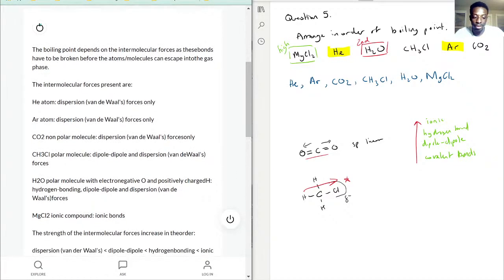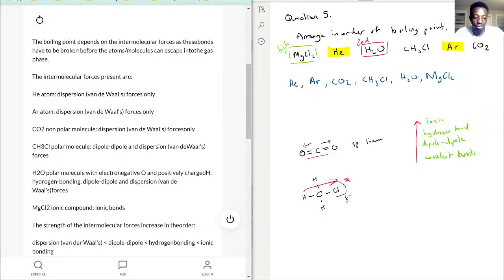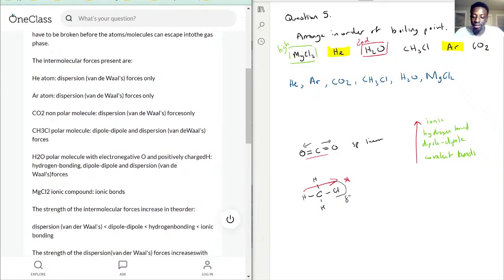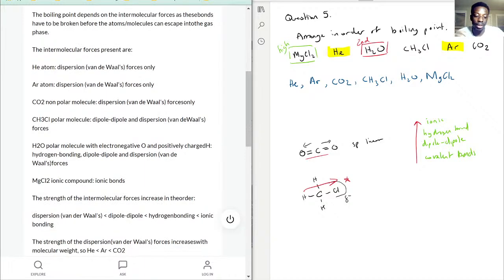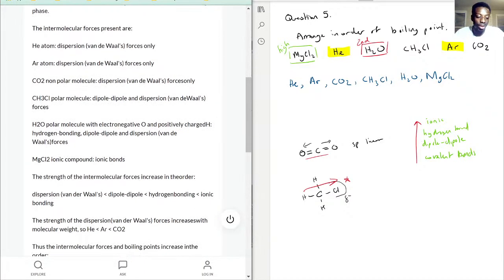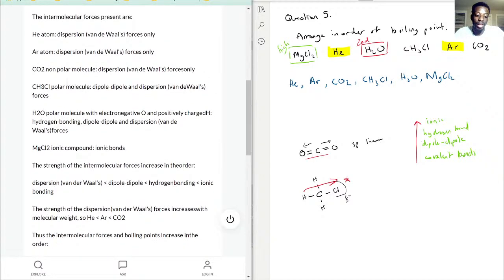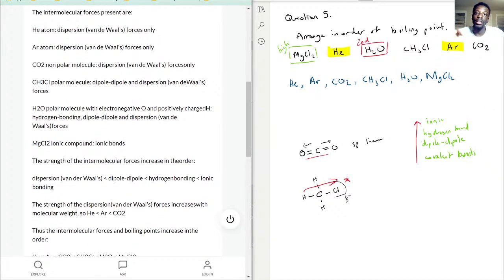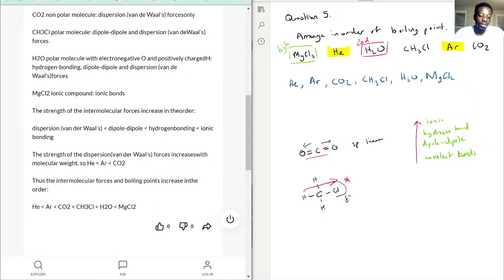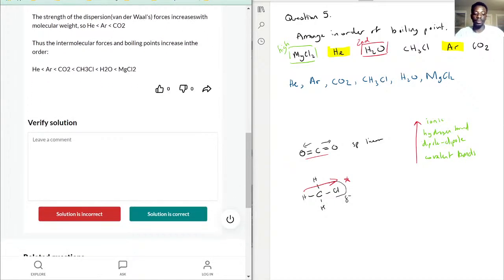It's a non-polar molecule, so exactly, it's just a covalent bond. CH3Cl is a polar molecule, has that dipole, hence why it's stronger. And then H2O, as you discussed, that's a hydrogen bond specific case, that's why it's so strong. And then MgCl2 tops them all because it's an ionic compound. So exactly, this is correct.